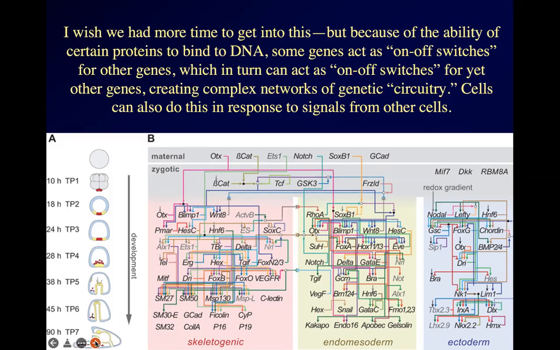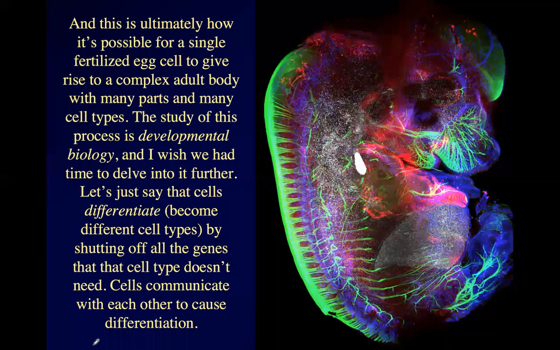Okay, that's a lot of detail. Just know that genes can be transcribed and translated to make proteins, and those proteins can switch on or switch off other genes. Ultimately, that's how you can go from a single fertilized egg to a complex adult body.